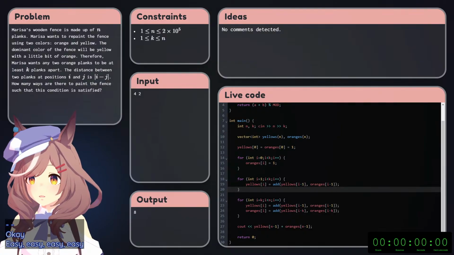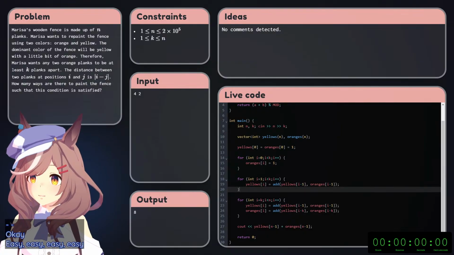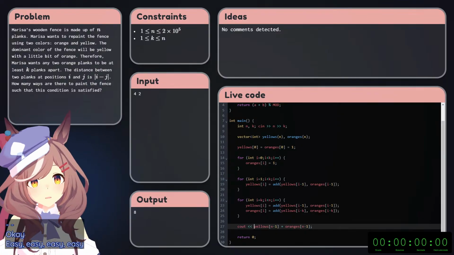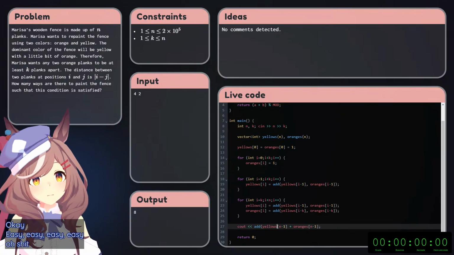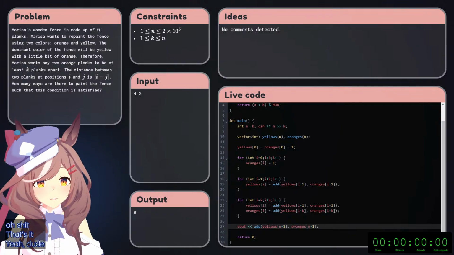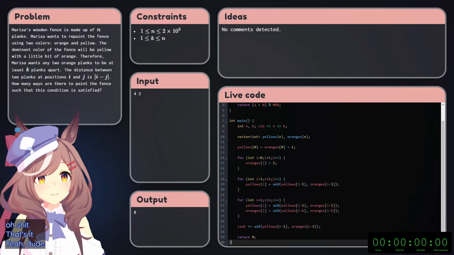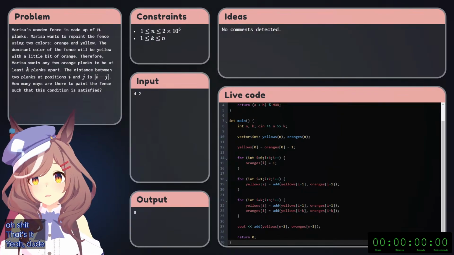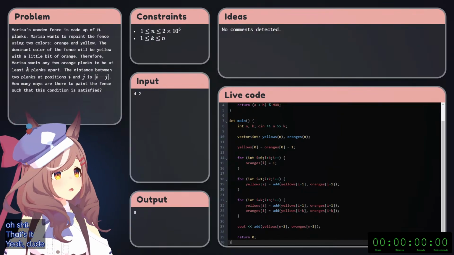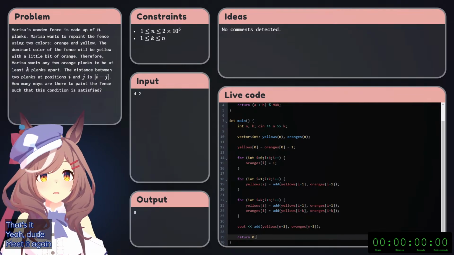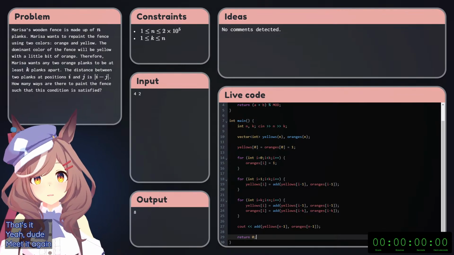Nope. Oh shit, I need to use modulo here too. And let's submit it again. Yeah, accepted.